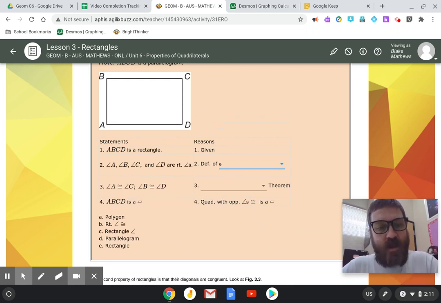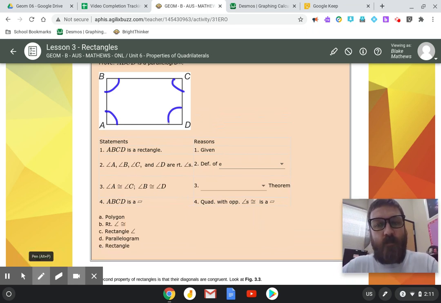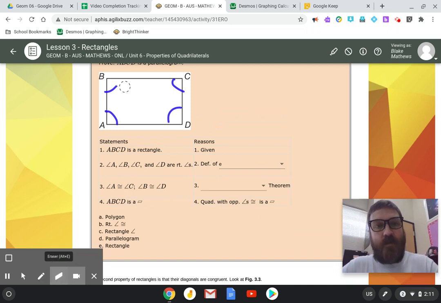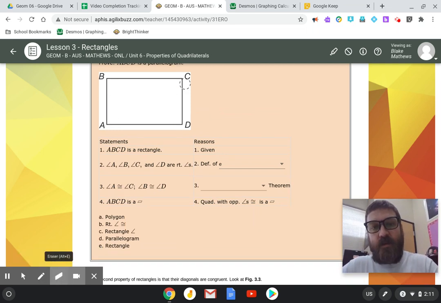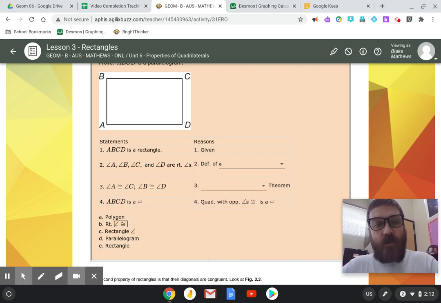Next, it says that angle A is congruent to angle C and angle B is congruent to angle D. Well, we obviously know that because all right angles are congruent. So there's no reason to assume anything else. If these are all right angles, then A and C, B and D have to be congruent. And that's what we call the right angle congruence theorem.